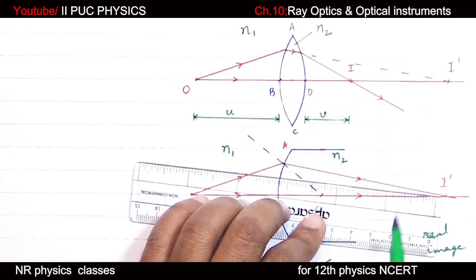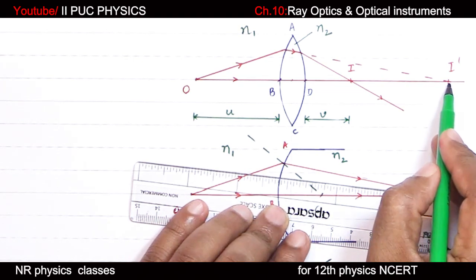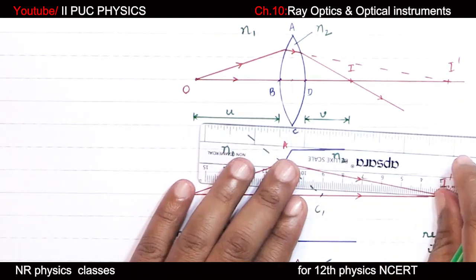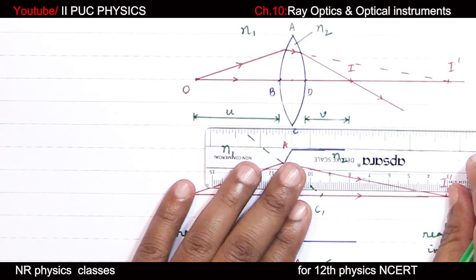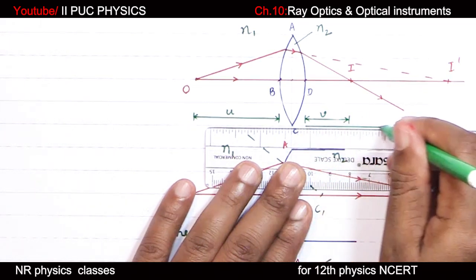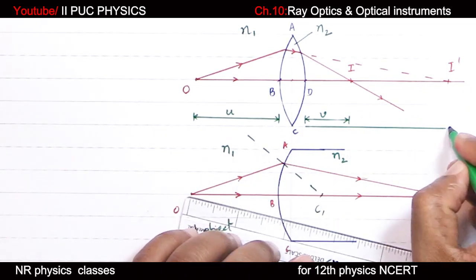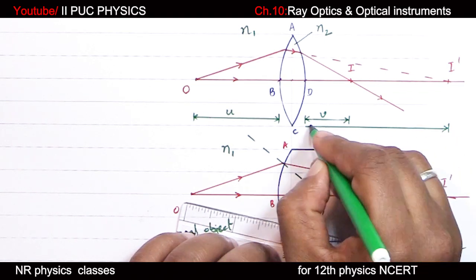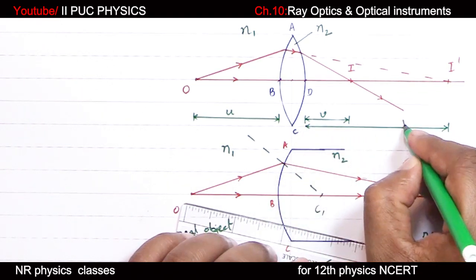So this is image distance V. This I dash is a virtual object, isn't it? So D to I dash, let this be V dash.